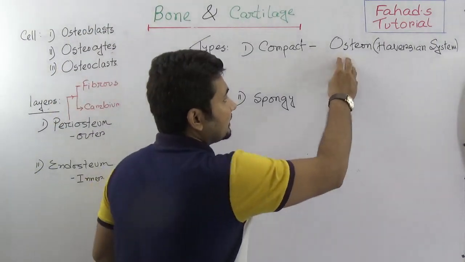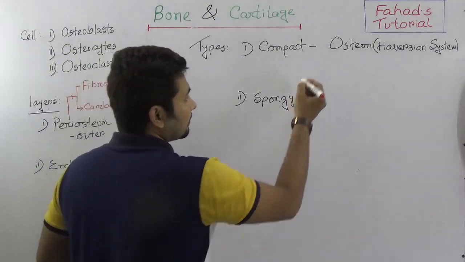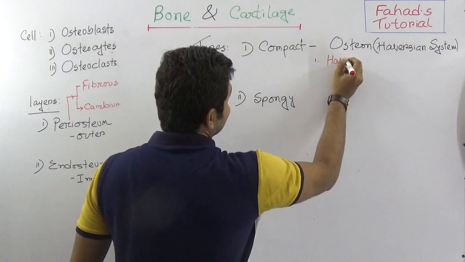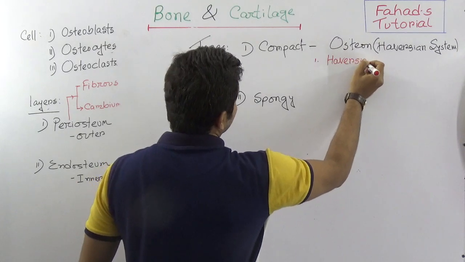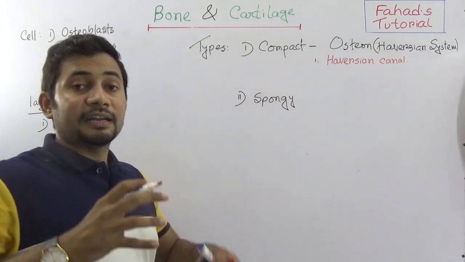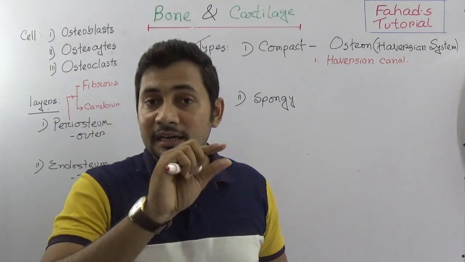This osteon again has four parts, which is very important. Number one, it has the Haversian canal. I'll definitely upload another video based on bones to explain the figures and Haversian canals.